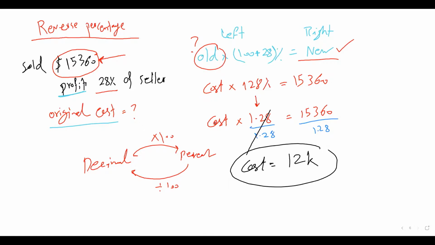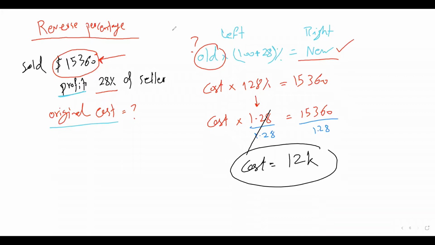By the way, there is another way to solve this question, just so you see that there is another way. I'm going to erase this part. Maybe I can show you quickly. There is another method, which is basically the unitary method.